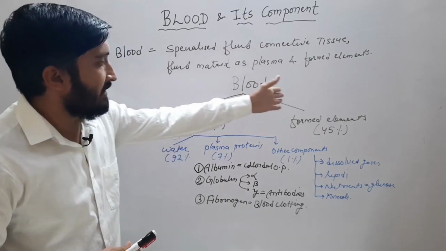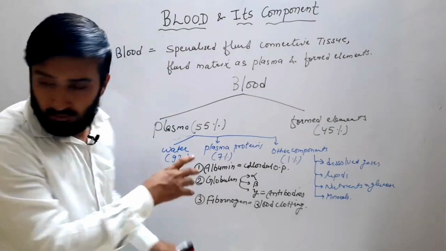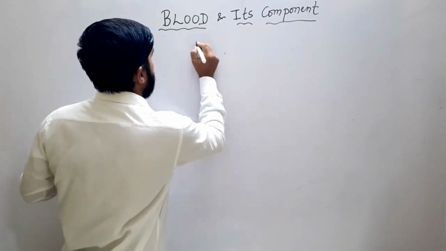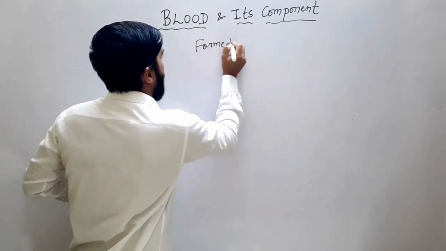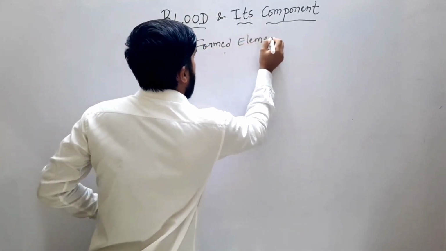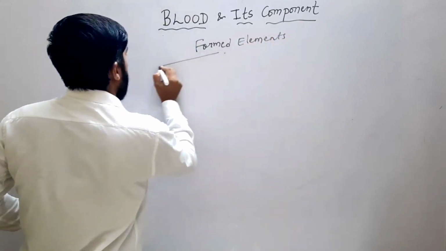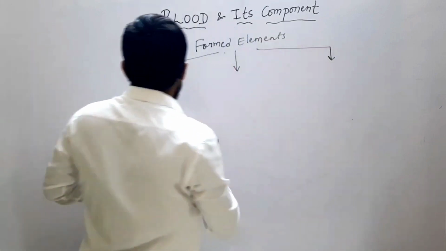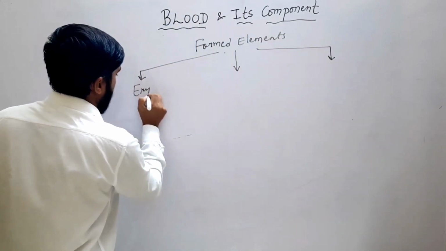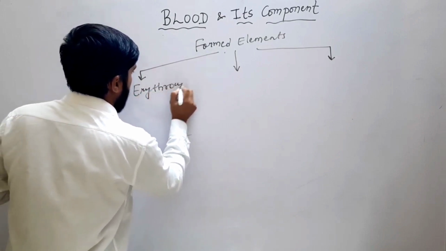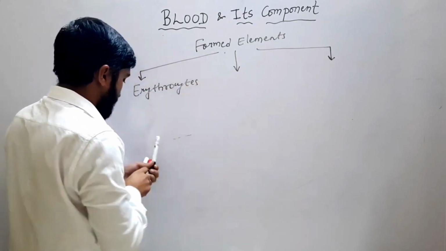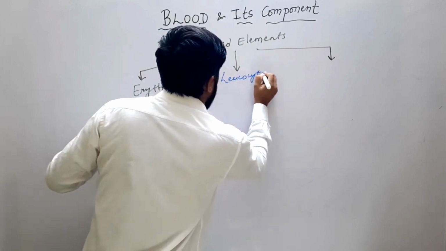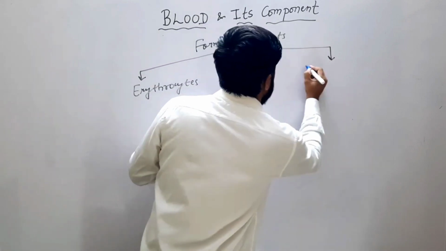So now next let us switch to the formed elements. See, formed elements are of three types. First is erythrocytes, second is leukocytes, and third one is thrombocytes.